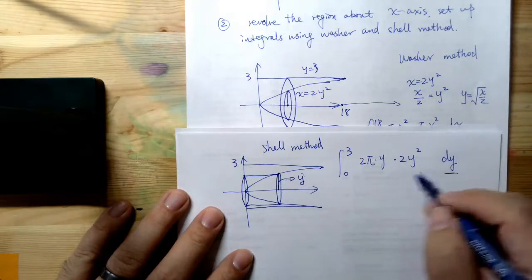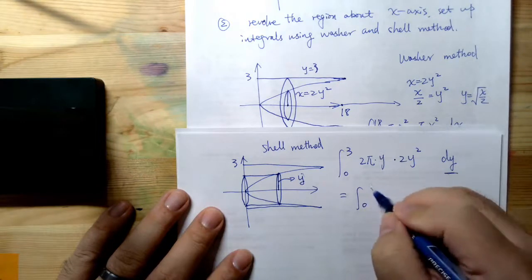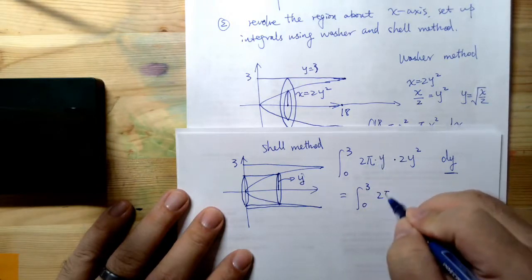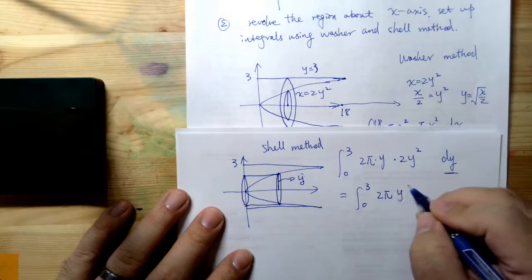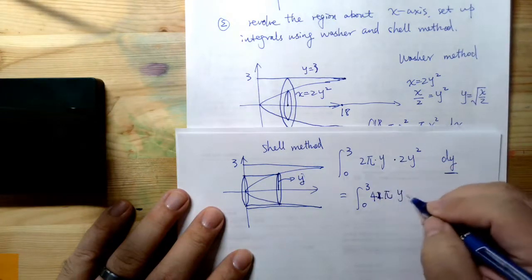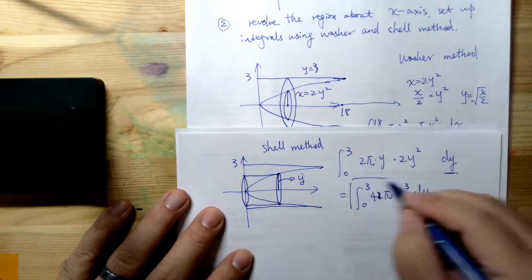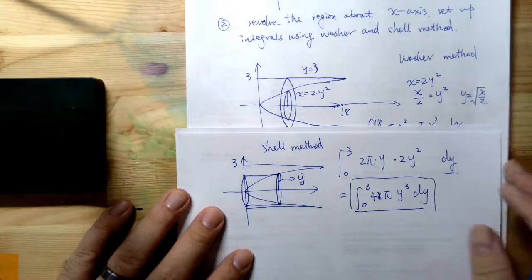That gives us the answer. So it turns out using the shell method is much easier. So we got 2 pi y, well, actually it's 4 pi, 2 times 2, and then y cubed dy. This is very easy to set up.